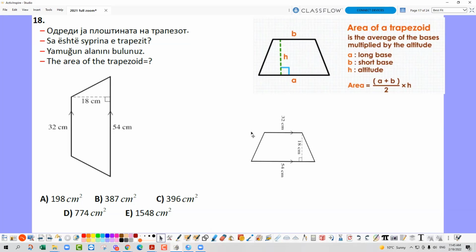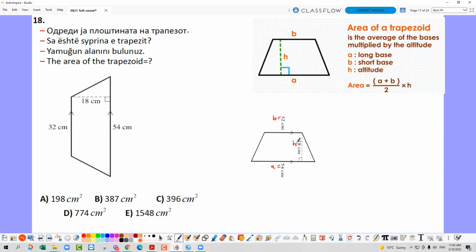the area formula of the trapezoid, here you are going to find this is the B side, this is the A side, which is the long side, and this is the height that is given.